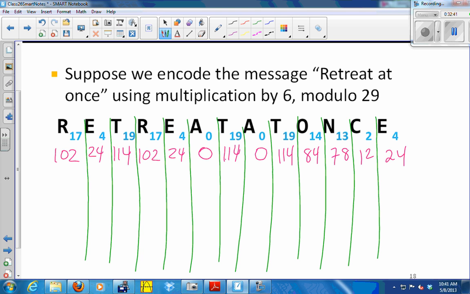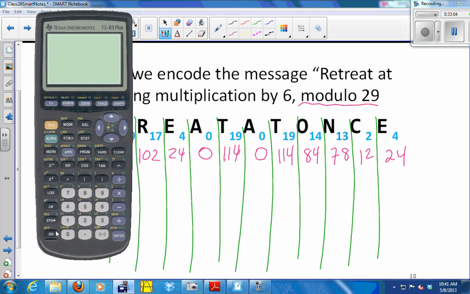Now, usually anytime we have a number that's too big, we would subtract 26. But instead, we're going to use 29. We're changing our modulus to 29. So now we subtract 29 until we get a number that's appropriately sized. So take our 102, subtract 29 over and over again.